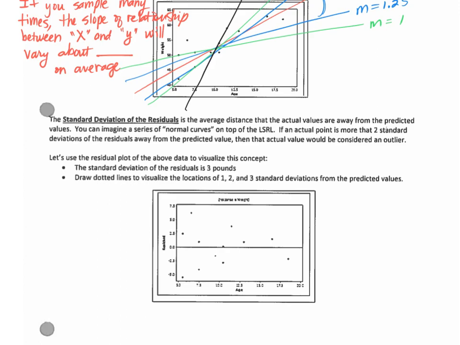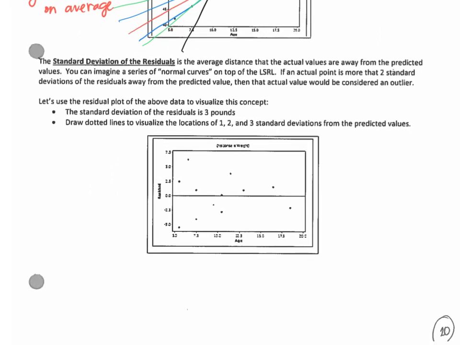All right, next, standard deviation of the residuals. Now, you know that a standard deviation is the average amount that the data is away from the mean. Well, since a residual is actual y minus predicted y, then this standard deviation of the residual is that average amount that the actual y is away from the predicted y.